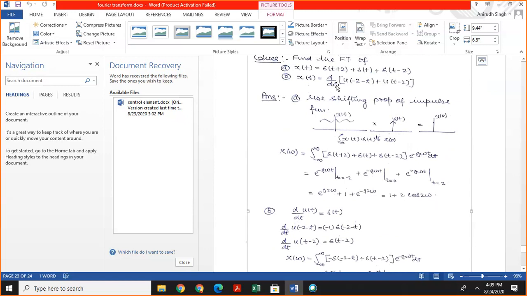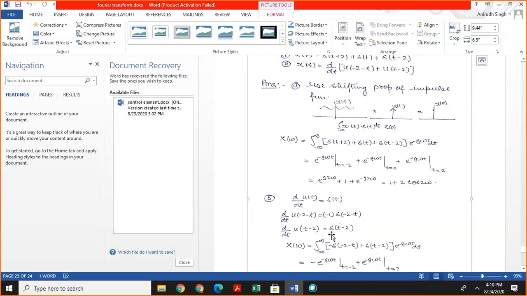And next, x of t is given by d by dt of this. We know that if we differentiate unit step function, we get impulse function, and if we differentiate this unit step function, we get an impulse function situated at minus 2, and magnitude is minus 1. So if we draw it, the magnitude will come out as minus 1. Draw it first and see.